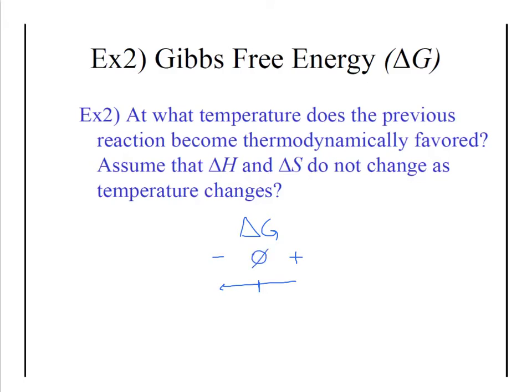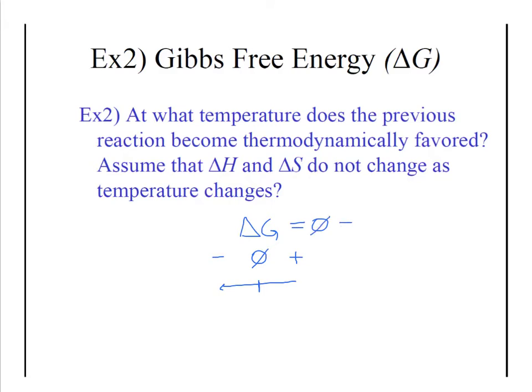At 0 it's not actually spontaneous or non-spontaneous. It would be the transition between positive and negative. So this reaction would become thermodynamically favored when delta G equals 0. That marks the exact point where it transitions from non-spontaneous to spontaneous.